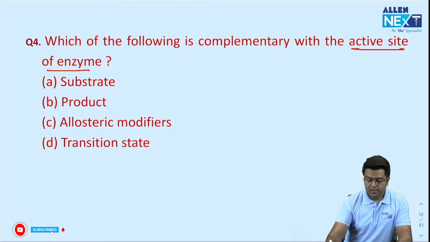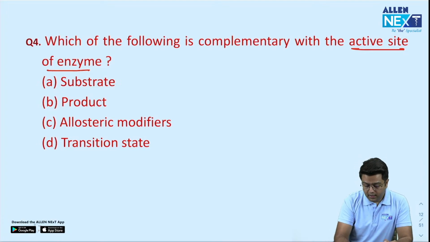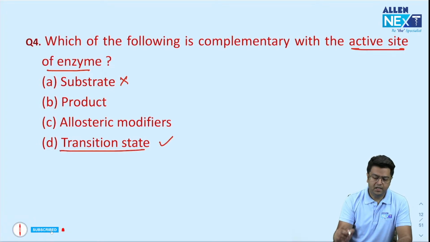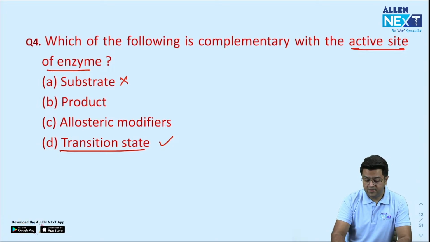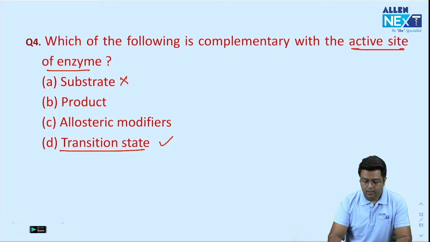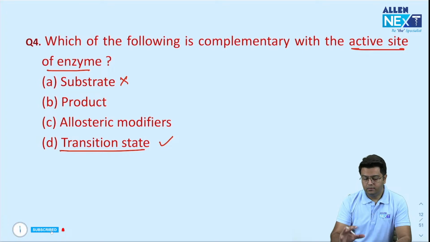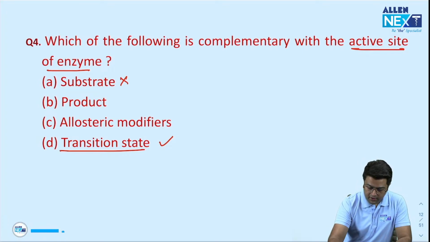But the point is that the active site of the enzyme is not actually complementary to the substrate. No, it is complementary to the transition state, right? I hope this option was there. If this option was not there, then the answer can be substrate, otherwise the answer will be transition state only. Okay, so guys, transition state, see, normally we know this curve.